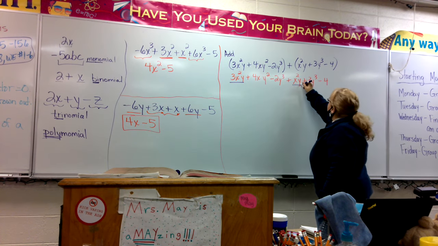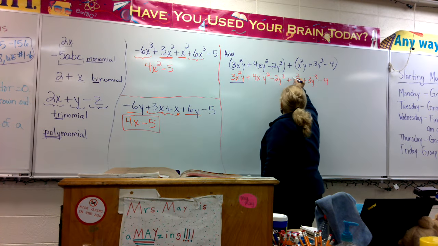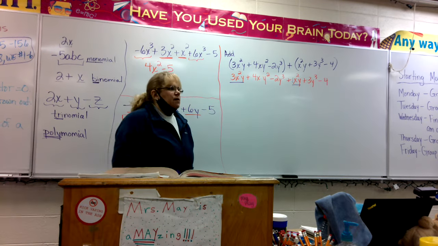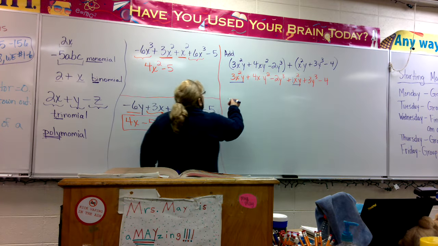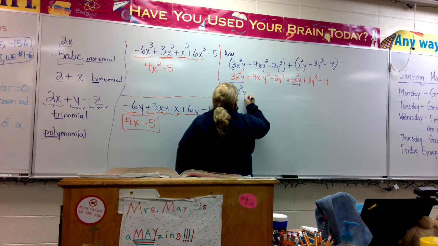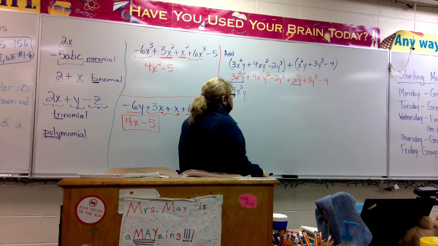I'm going to underline it. Do I have any more? No. So isn't this like one of those? One of those and 3 more of those. How many does that give me? 4. Of those same, they stay the same. They're x squared y's. So that takes care of this one and this one.